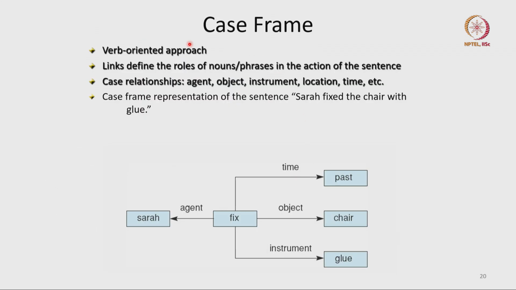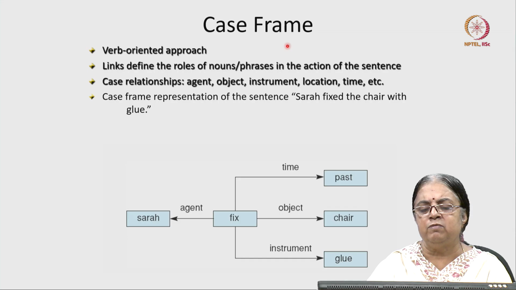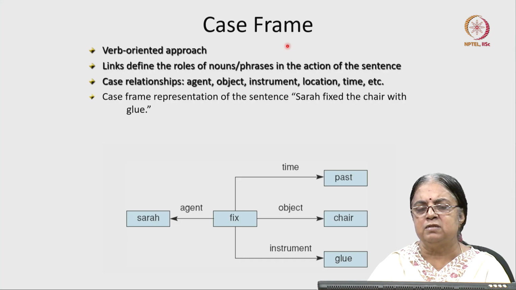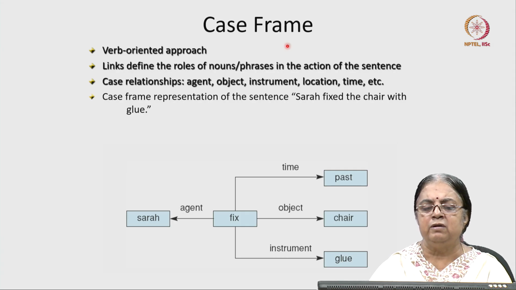So, the next representation scheme we are going to check out is the case frame. Here, this is a verb oriented approach. It is a way of representing sentences. You take the verb in the sentence and the entire sentence is represented in reference to that verb.